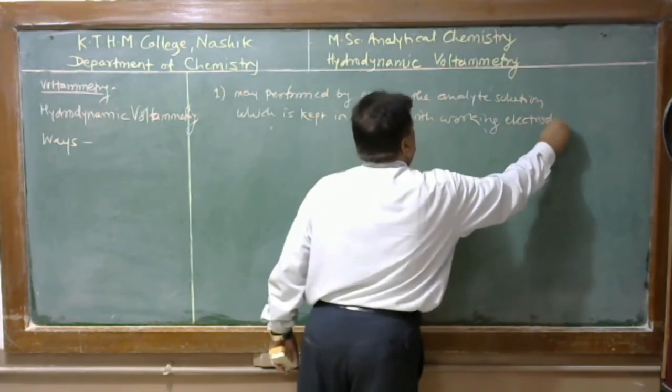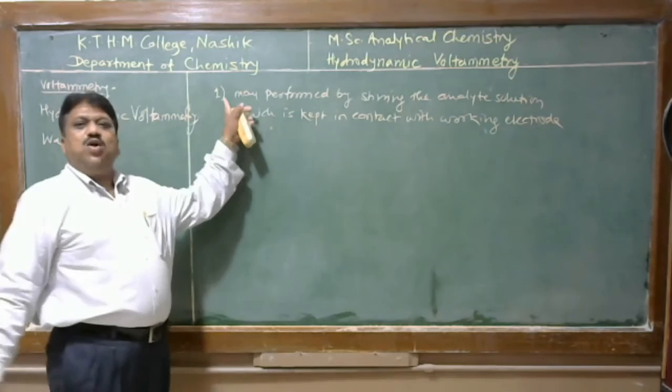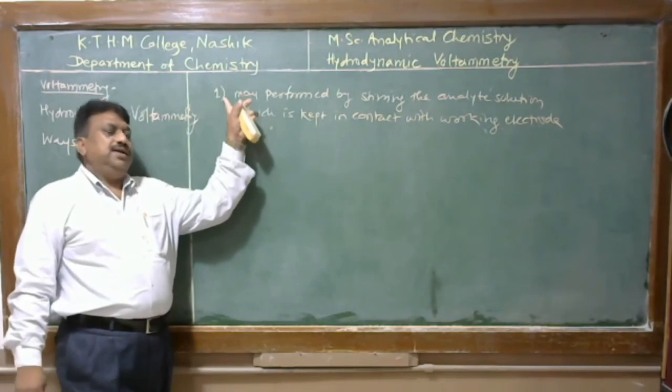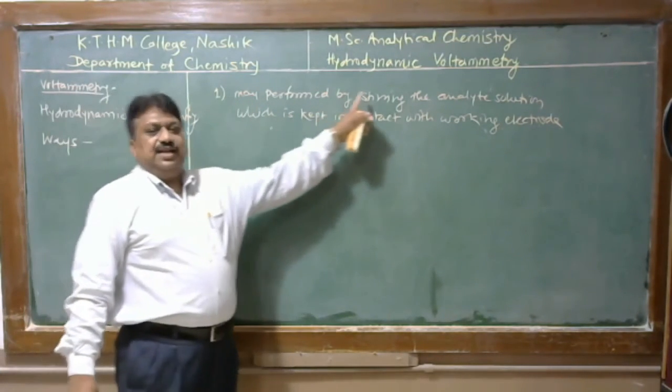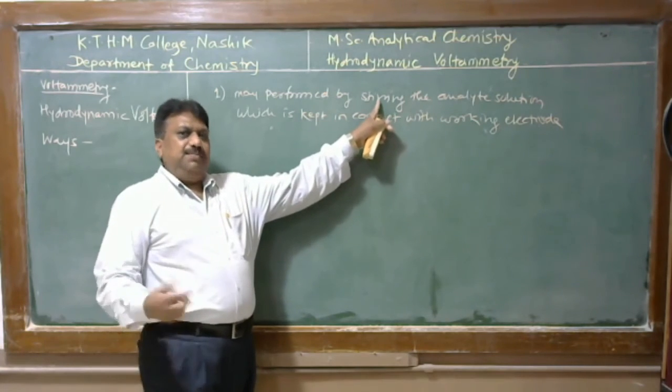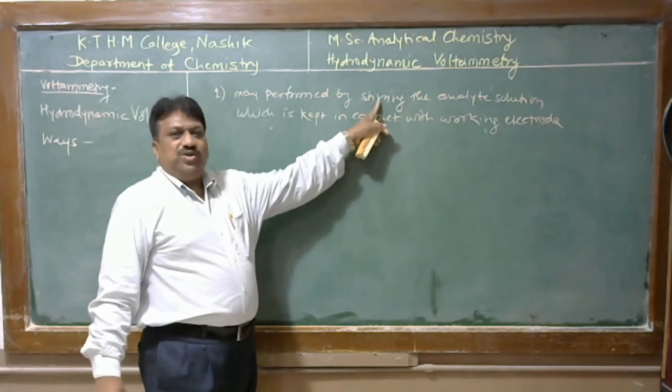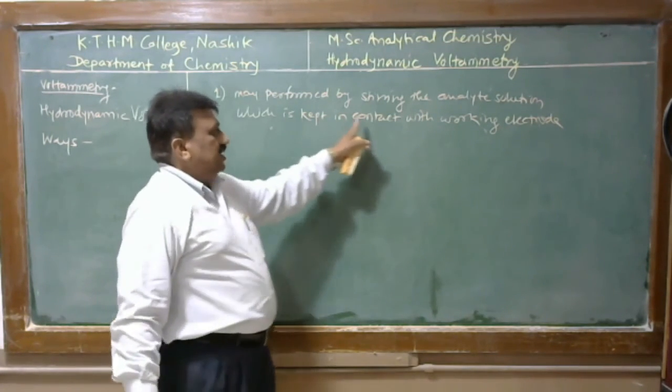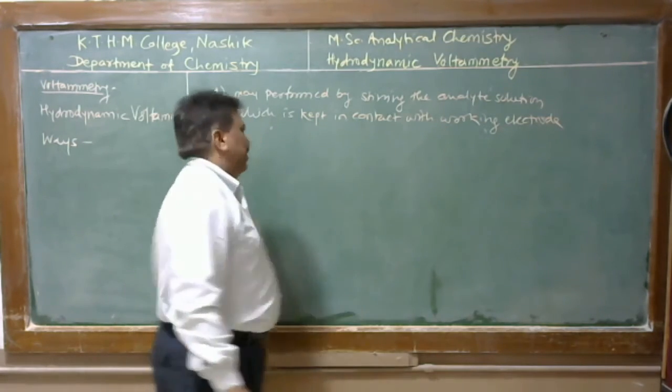Therefore, the first way to perform hydrodynamic voltammetry is stirring the analyte solution by a magnetic stirrer, or by rotating the electrode, which is kept in contact with the working electrode.